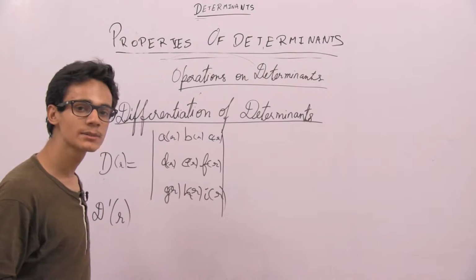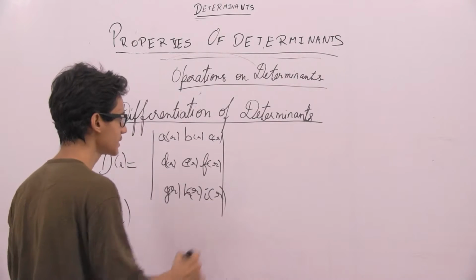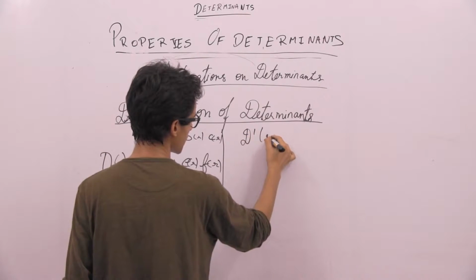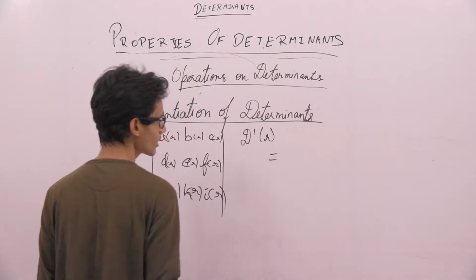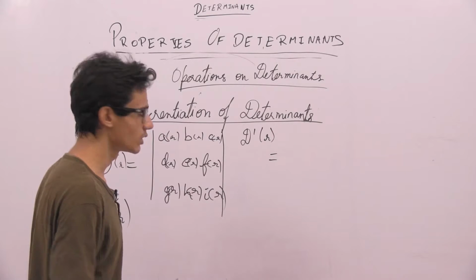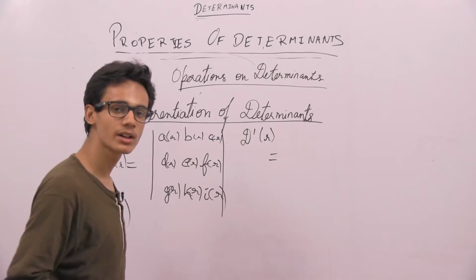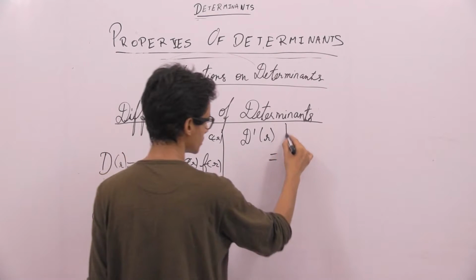without expanding the determinant. To directly find the derivative, we have a formula, that is D dash r equal to, first we take derivative of the first row or first column as you like, derivative of the first row leaving the second and third rows as it is.